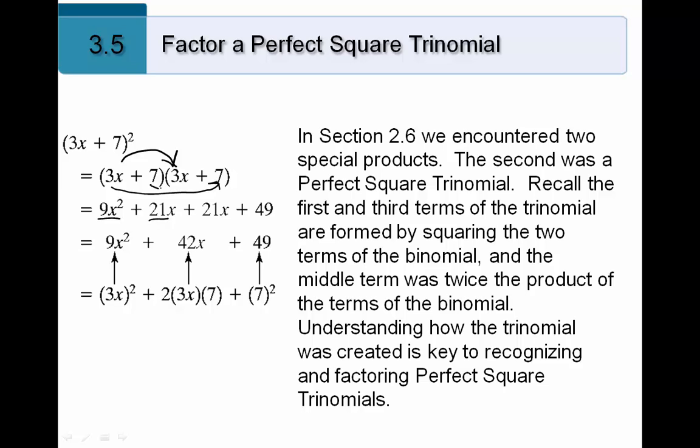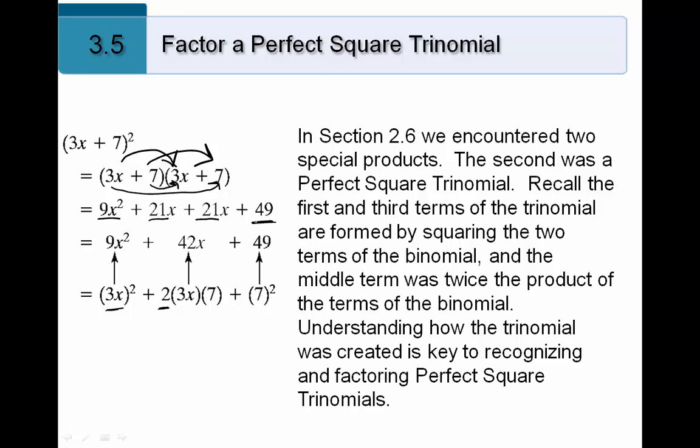Our inner, 7 times 3x is 21x. Notice we're getting two of those. That's why down here at the bottom they have this 2. So the 3x is squared, we get two inners and outers. And then our last, 7 times 7, produces our 49. So that's also a perfect square.